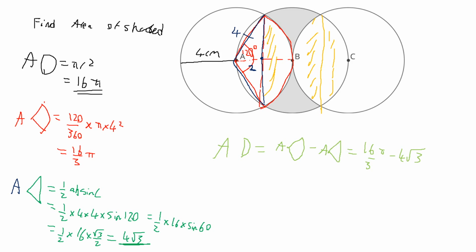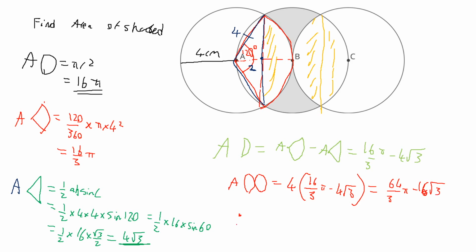Which means that the area of those two is just going to be 4 times that. Okay? Which is just 64 over 3 pi minus 16 root 3.